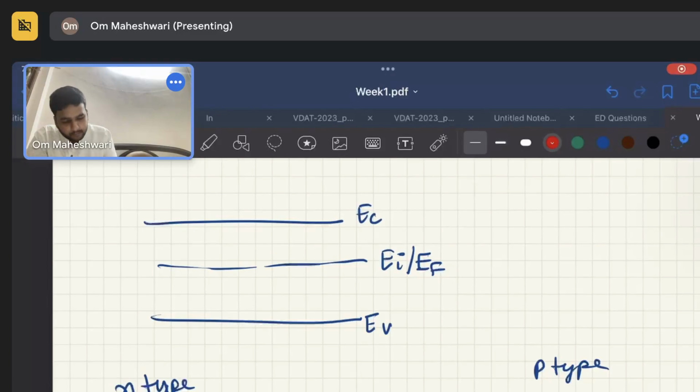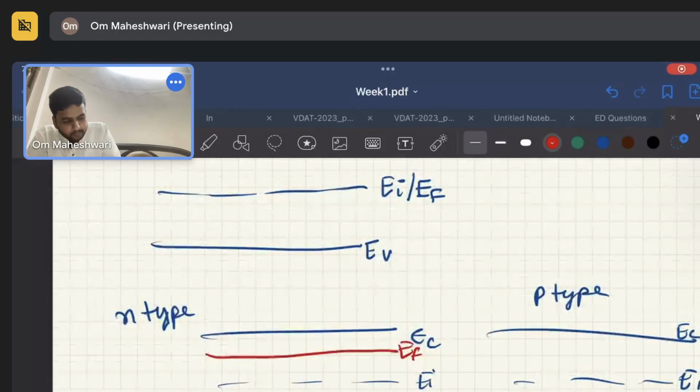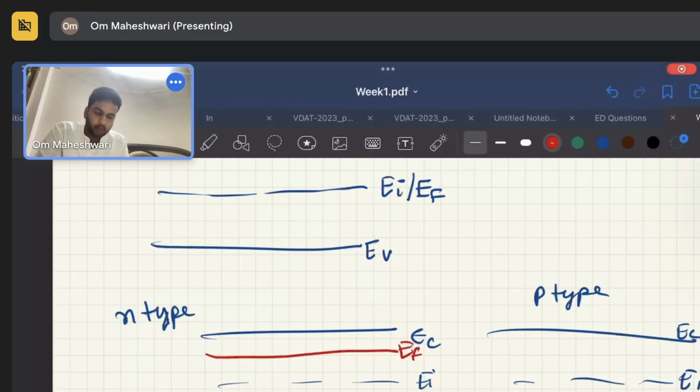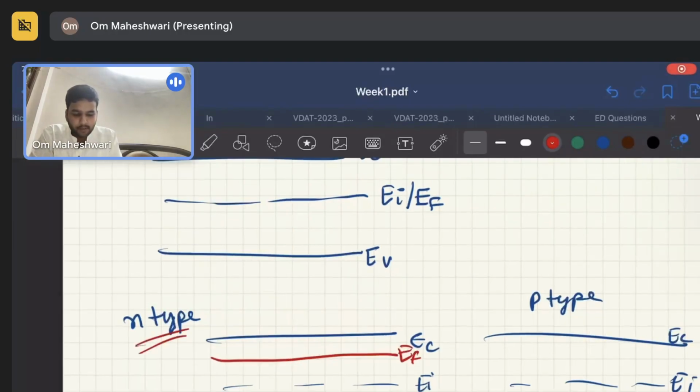In N type, EF is closer to EC. In P type, EF is closer to EV. This you always remember, because when you are doping in N type, you are adding more electrons in the conduction band. So the Fermi level goes upwards, right? The probability of finding the electrons goes higher near the conduction band.